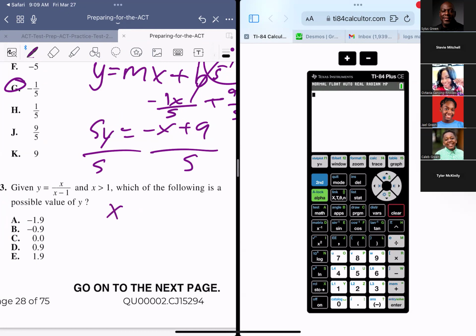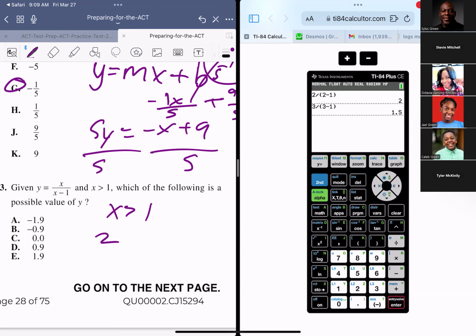So it says x is greater than 1. Immediately, I would think, okay, let's see if x is 2. So if I do 2 divided by 2 minus 1, I would get 2. If I did 3 divided by 3 minus 1, I would get 1.5.